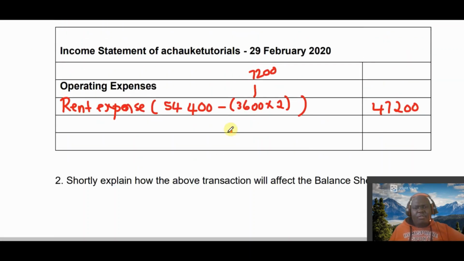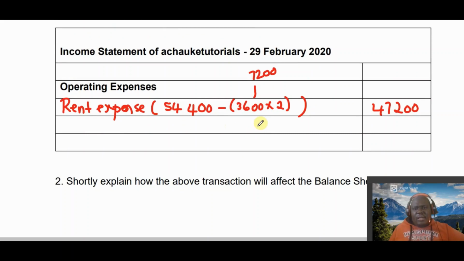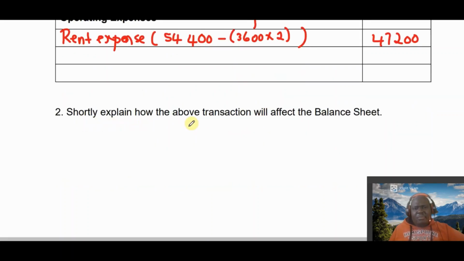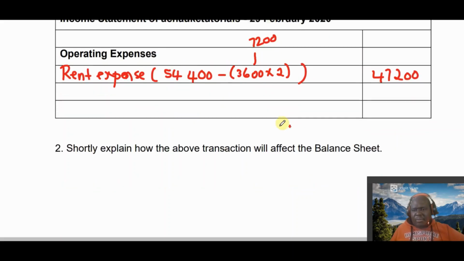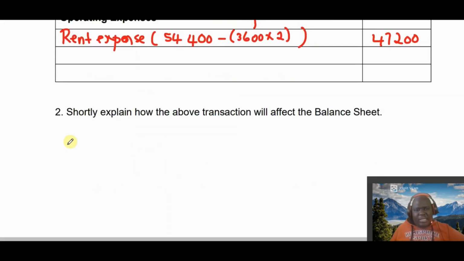And then now from the information, they're saying explain how the above transaction will affect the balance sheet. So remember that in this case, what was happening was that from the information we were told that rent was prepaid, right?